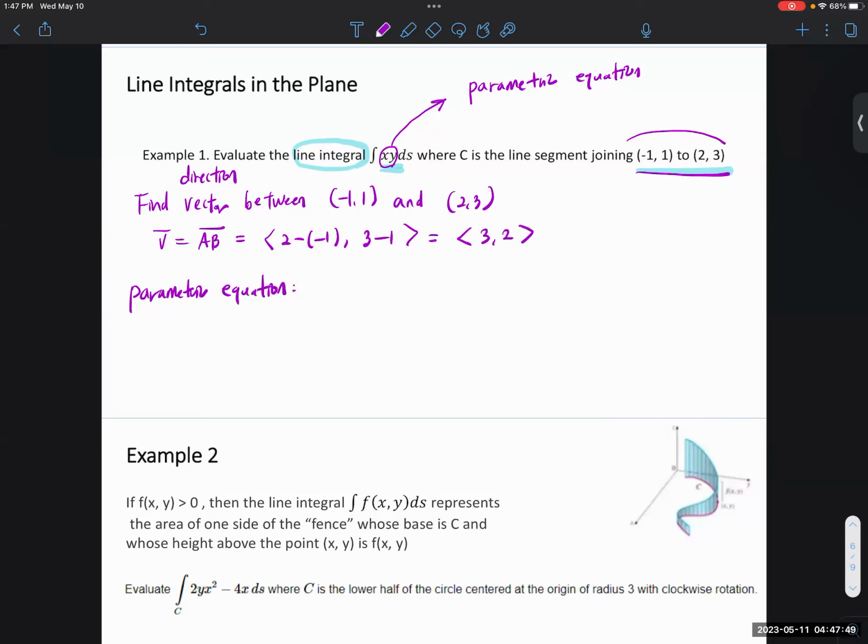To find the parametric equation, you have x equal to something, y equal to something. For the first part, you can choose one of the coordinate points. I'm going to choose (-1, 1), so x is -1, y is 1. And then you use the direction vector, which is changeable.